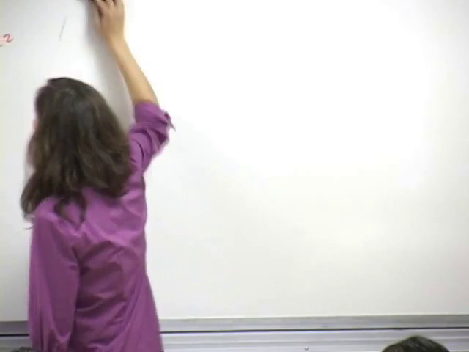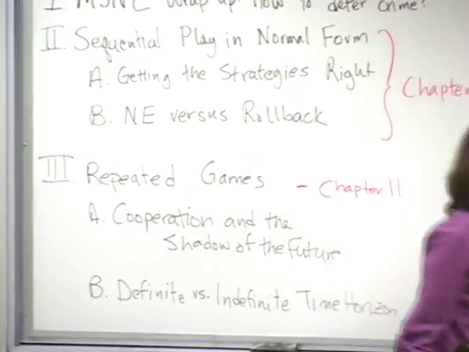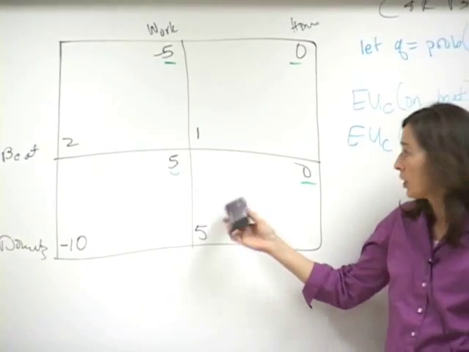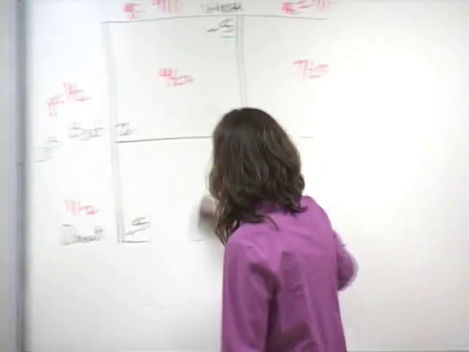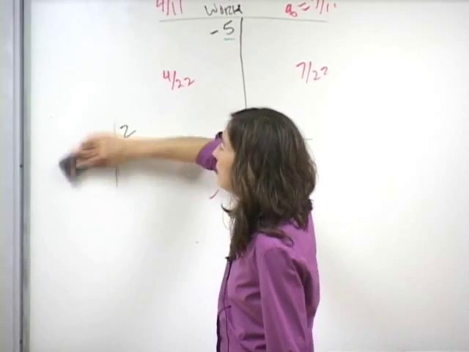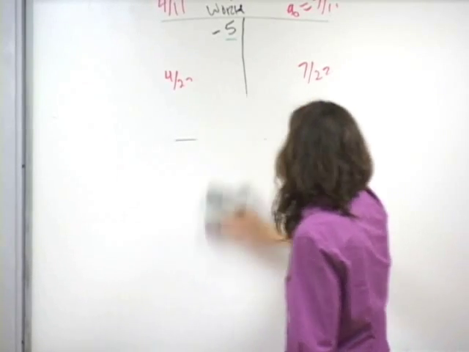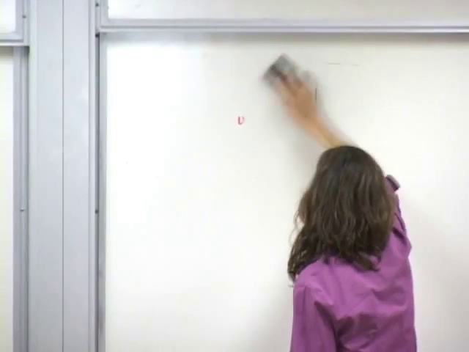While I'm erasing, I'm going to start segueing into this question of representing sequential games in this form, representing a sequential play as a matrix of payoffs rather than a tree. I am going to do that. While I'm erasing, though, let me talk about what I'm not going to do, but what is covered in Chapter 6 and what you do need to be comfortable with.